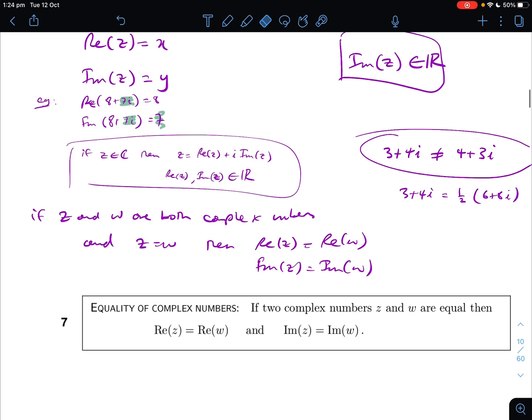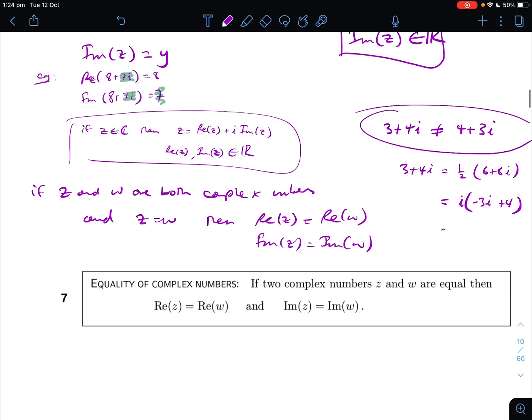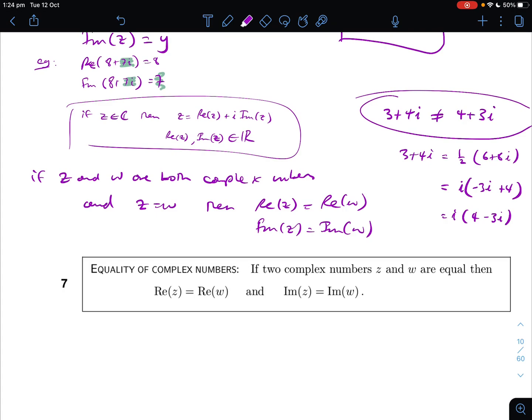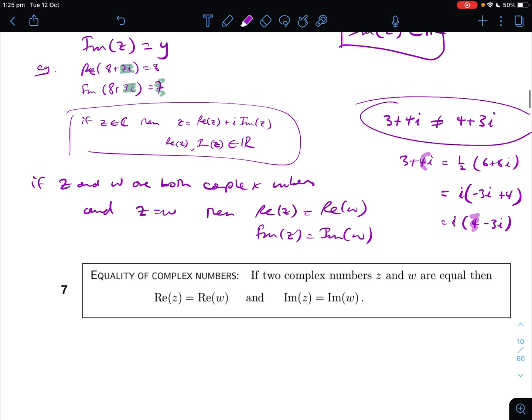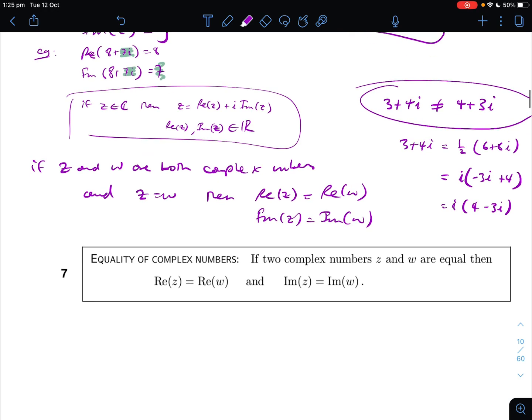You could write 3 plus 4i as i times negative 3i, let me get this right, plus 4. Okay, you could write it as i times (4 minus 3i), but that's just a trick, in the sense that this here is the imaginary unit, but 4 is still the imaginary part of that right-hand side number. This is a product of two complex numbers multiplied together.